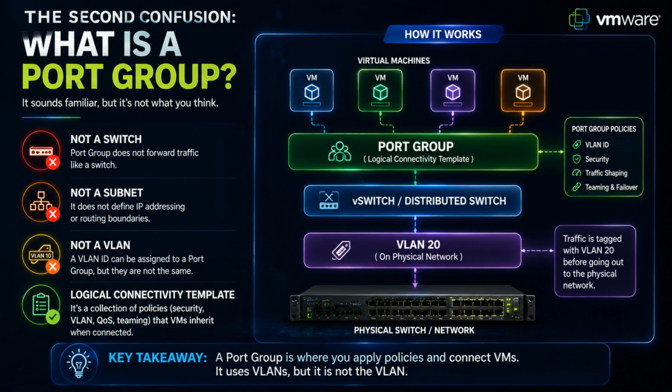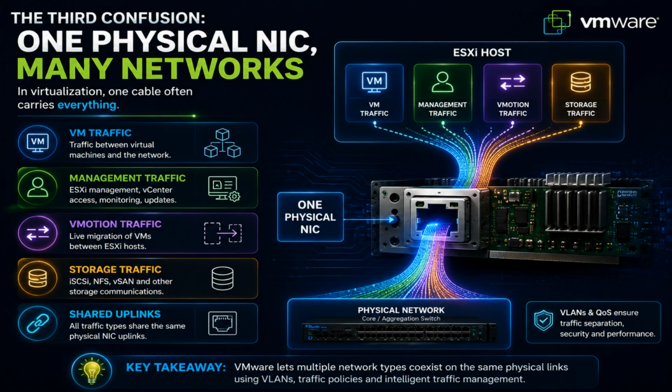And VMware doesn't stop there. It also changes how physical network connections are used. What if one network cable carried almost everything? In traditional environments, management traffic, storage traffic, and server traffic are often separated onto dedicated networks. VMware takes a different approach.